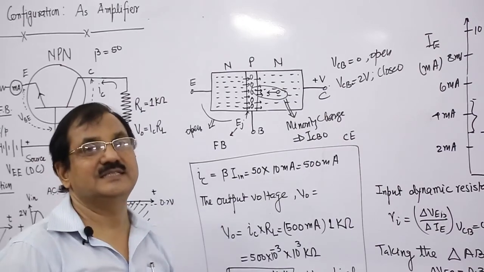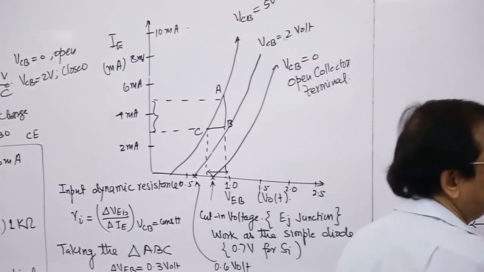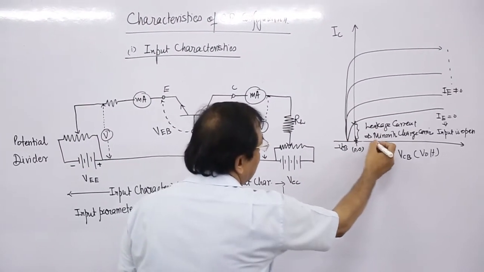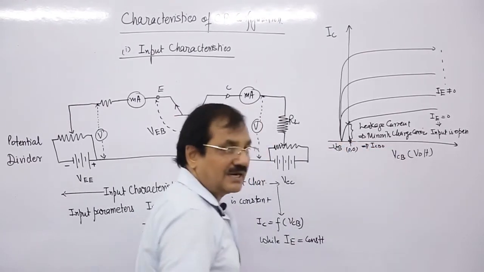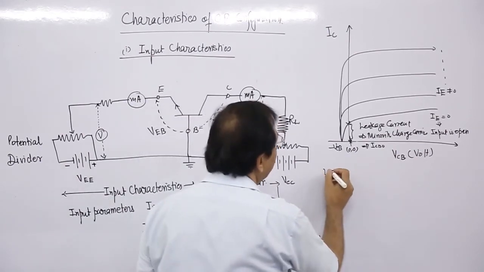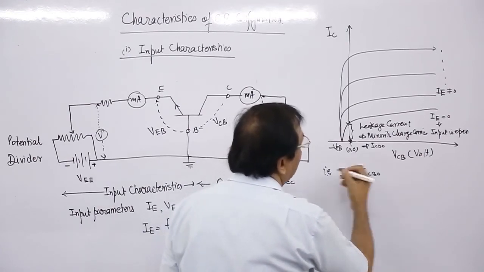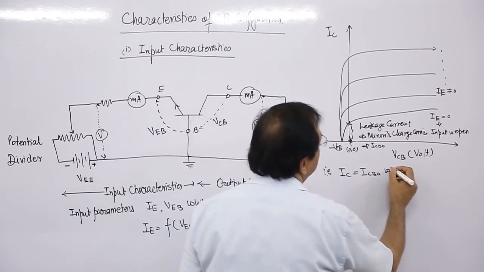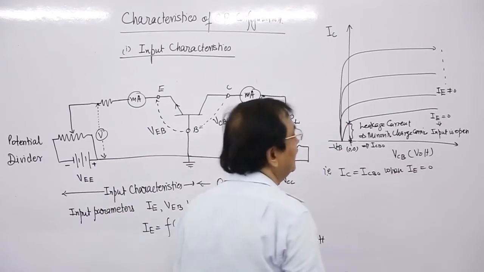This is known as ICBO. So up to this part, when IE is 0, IC is equal to ICBO.